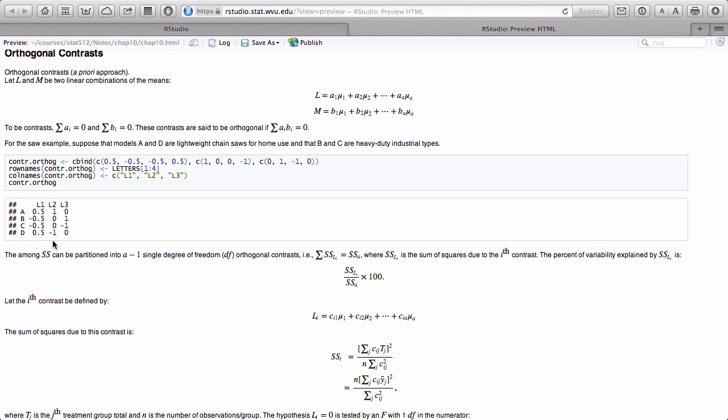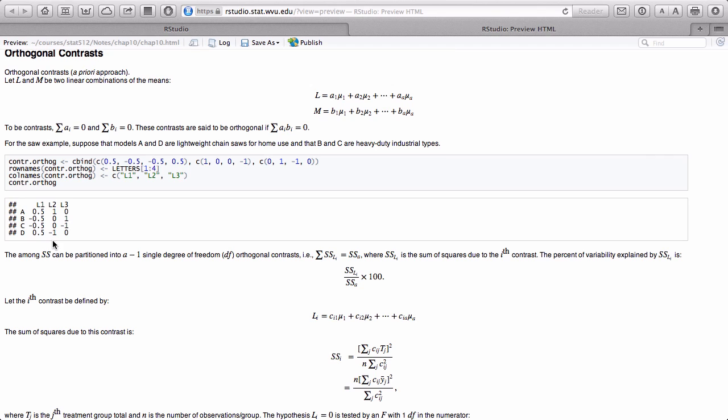The cross product is 0.5 times 1, plus minus 0.5 times 0, plus minus 0.5 times 0, plus 0.5 times minus 1. Now the two middle ones zero out, right? So the top one is 0.5 times 1, which is 0.5, and the bottom one is 0.5 times minus 1, which is minus 0.5. The sum of those is 0. So L1 and L2 are orthogonal.